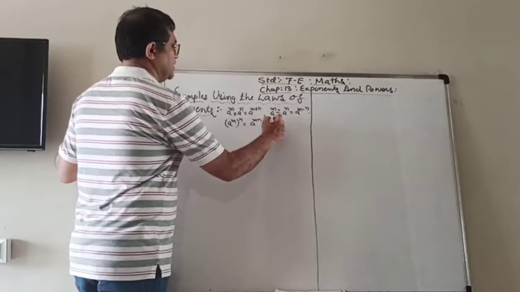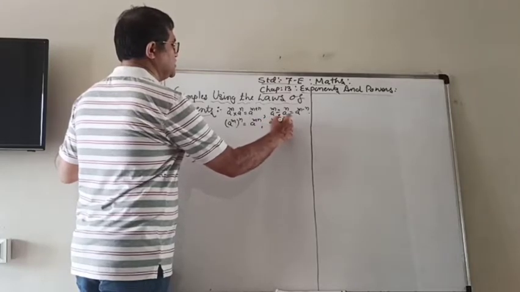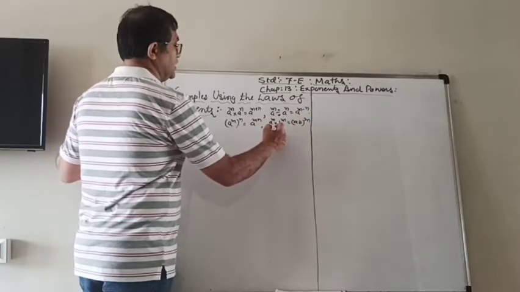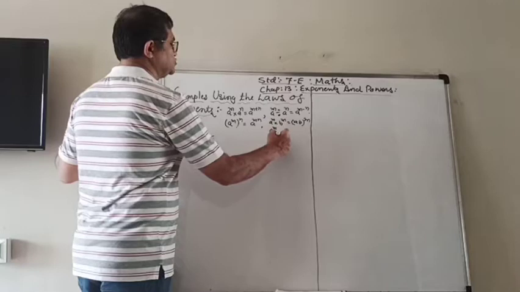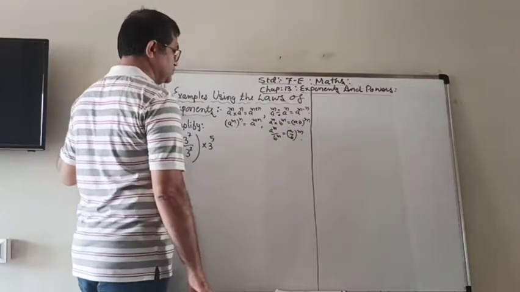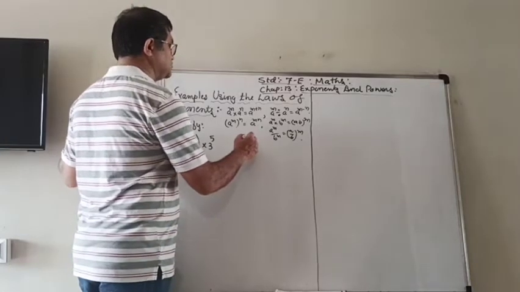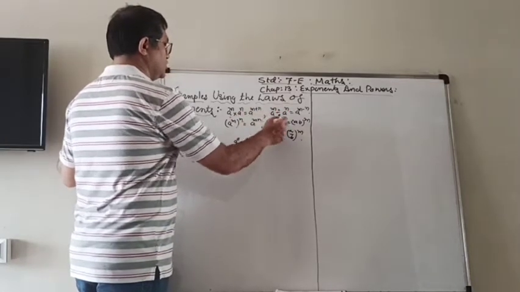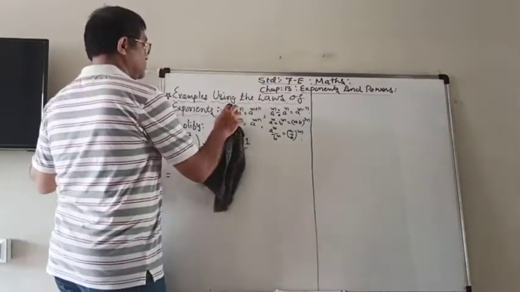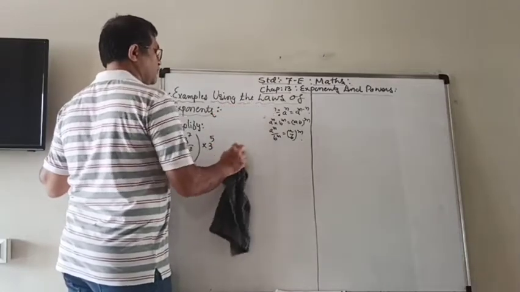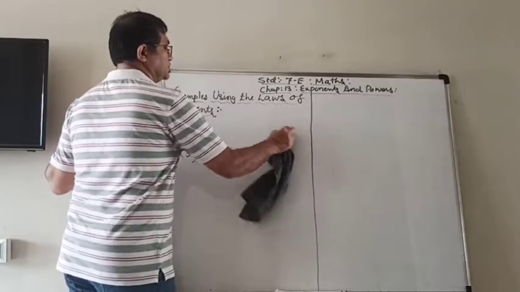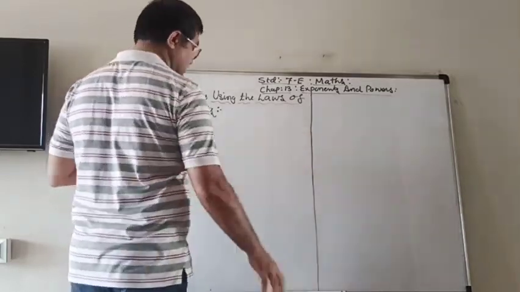Then a raised to m into b raised to m is equal to (ab) raised to m, and a raised to m divided by b raised to m is equal to (a upon b) raised to m. And lastly, a raised to 0 is equal to 1. So that should be in your mind, because every time no formula will be given. You have to remember these laws, so it will be very easy.